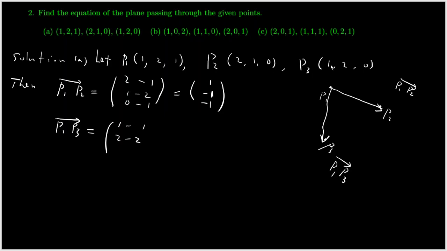Did I copy something wrong? Yeah, I think that's right. And then 0 minus 1. So the three components of P1, P3 are: the first component 0, the second component 0, the third component negative 1.